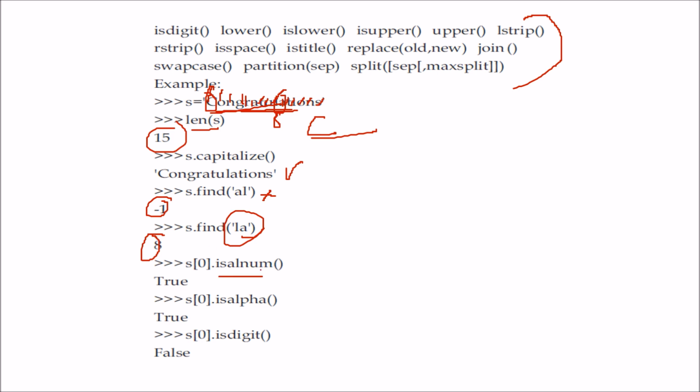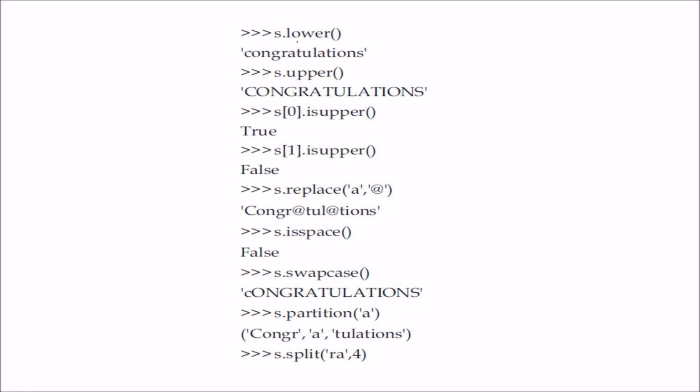S[0].isalnum. Yes, C is alphanumeric, so true will come. S[0].isalpha. Yes, alphabet is there, C. And S[0].isdigit. C is not a digit, so it will give you false. How about making it lower? Congratulations: C was capital, so C will come as lower and others also lower.